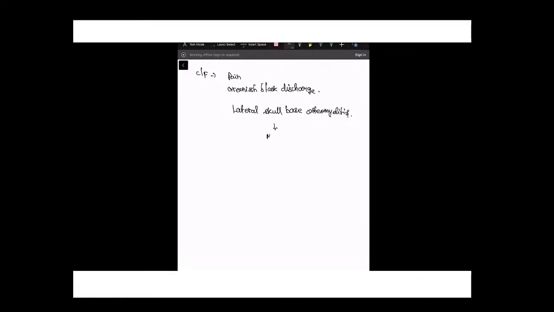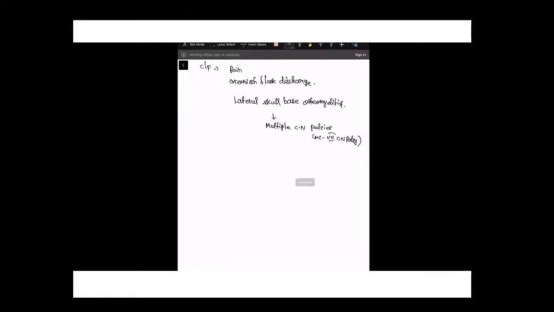This can lead to multiple cranial nerve palsies, and the most common is going to be facial nerve palsy.